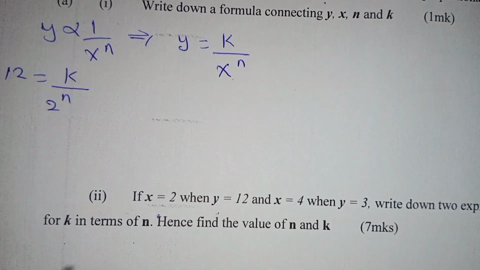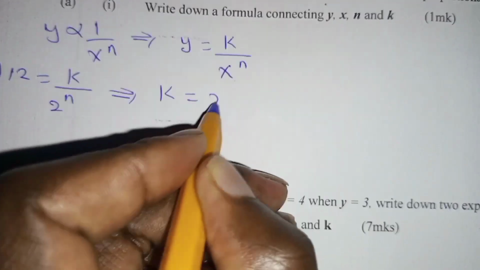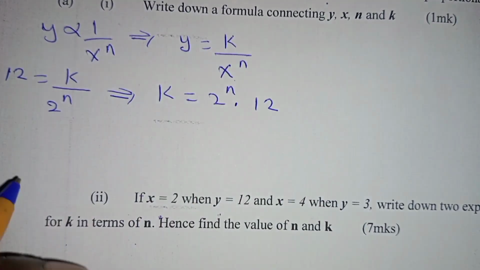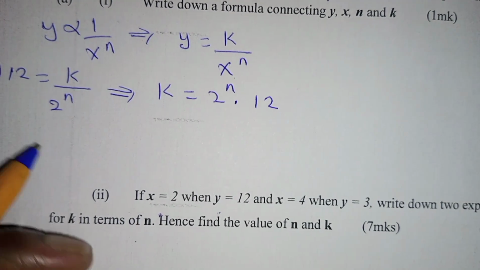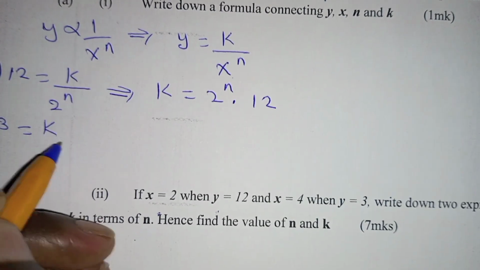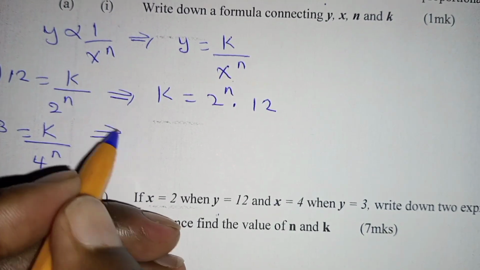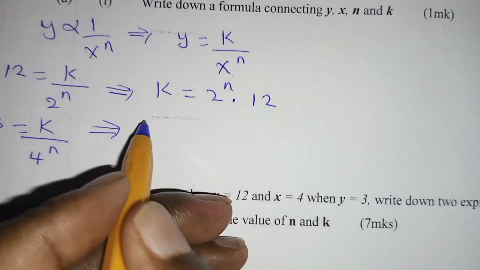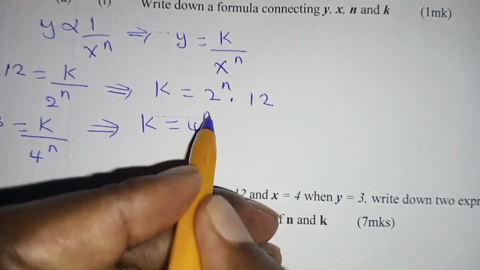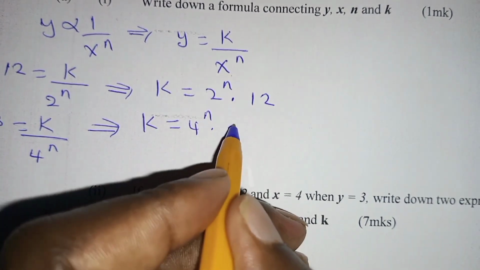So in this first case here, k will be equal to 2 power n multiplied by 12, and for the other one, you are given that y is equal to 3 when x is equal to 4, so 4 power n, which implies that k is equal to 4 power n multiplied by 3.